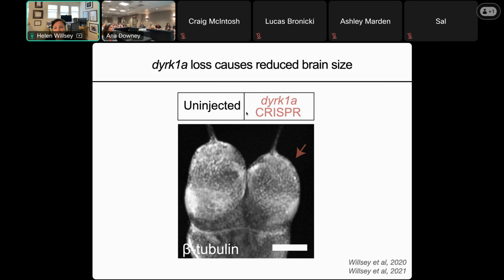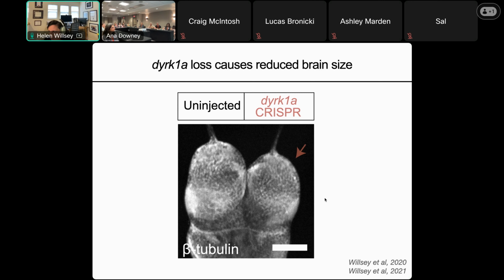Hopefully what you can appreciate is on this side here, which has been mutated for DYRK1A, you see this dramatic reduction in this structure here, which is the telencephalon, or a portion of the forebrain, compared to the other contralateral side control that's been unmanipulated. So this in some ways recapitulates the idea of microcephaly, or a smaller brain size.